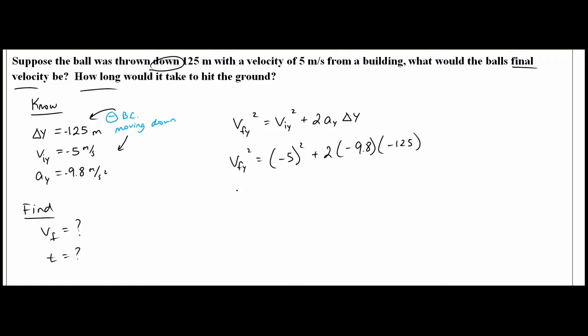So we end up with v final y squared equaling 247.5, and we're going to have to take the square root of that.